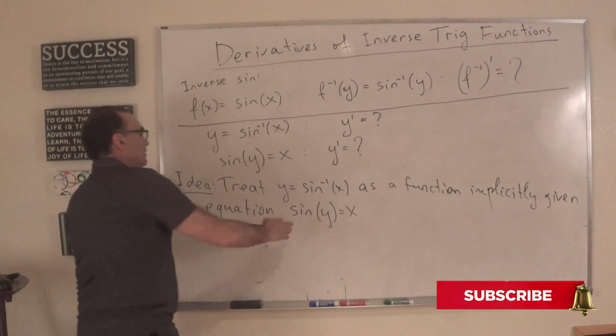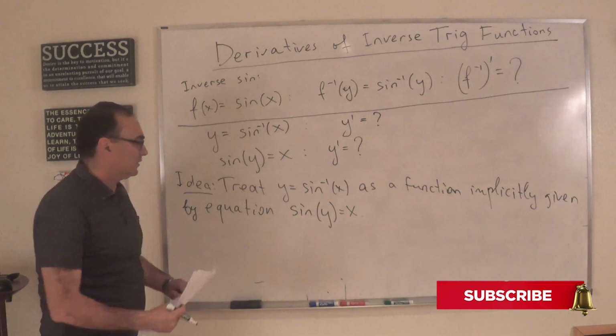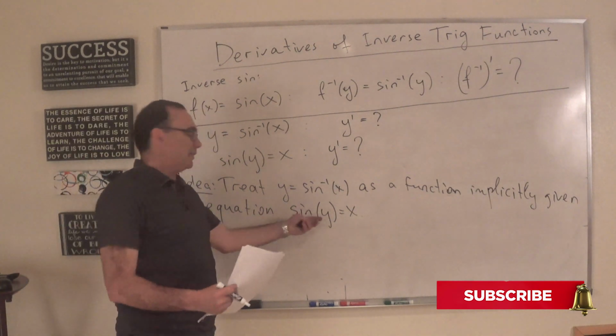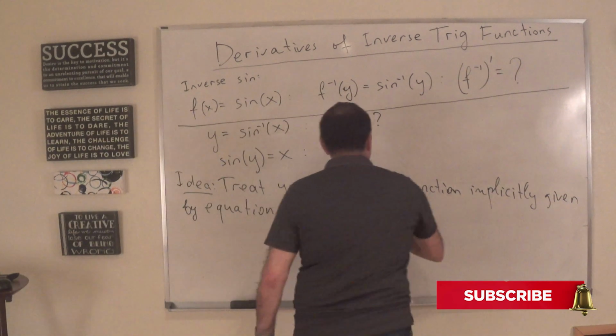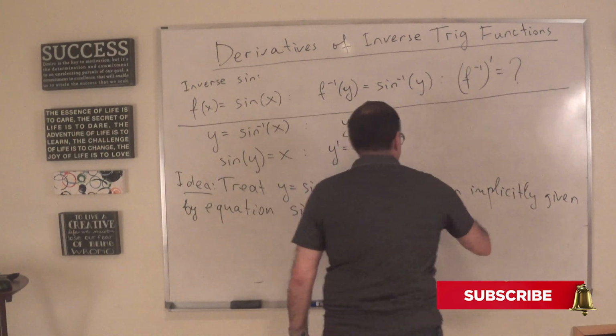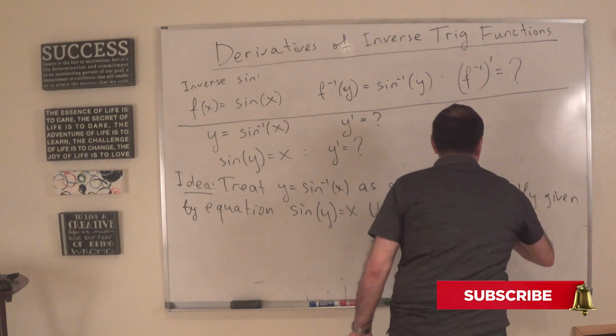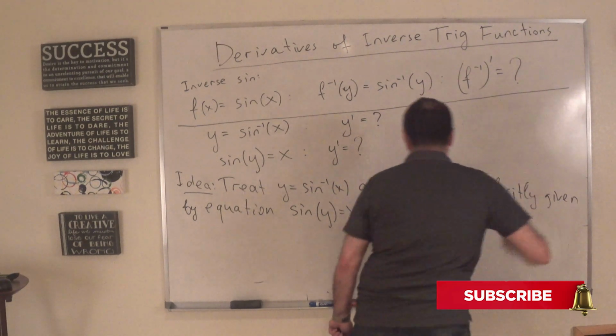Now we need to find the derivative of this function, and we will find it by using the method that we typically use for implicitly given functions: left-hand side derivative equals right-hand side derivative.